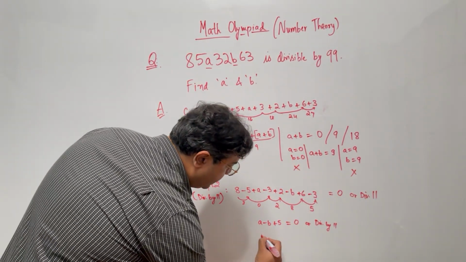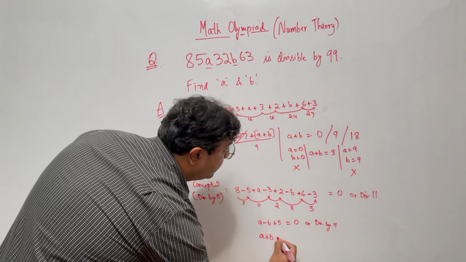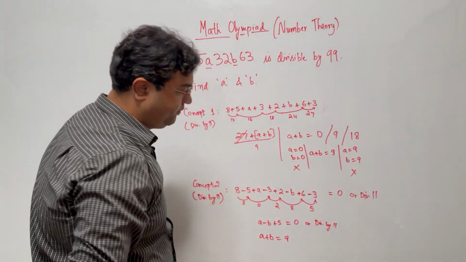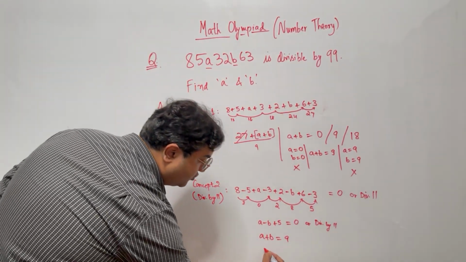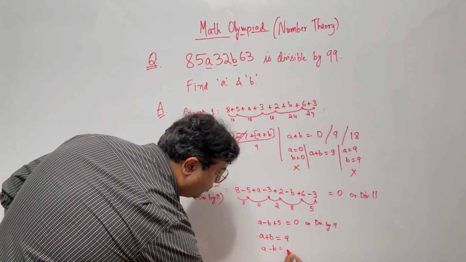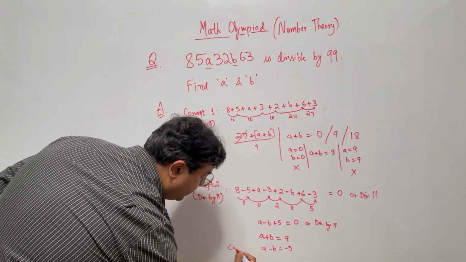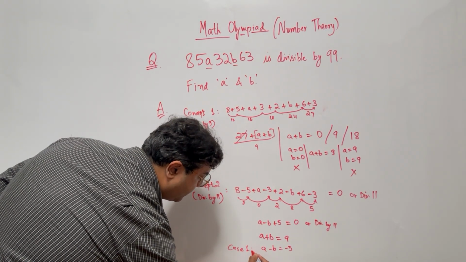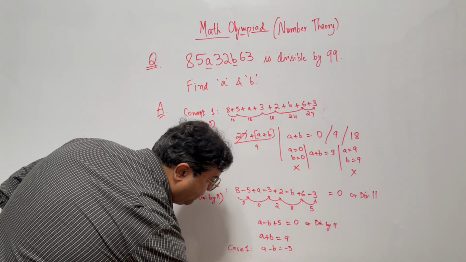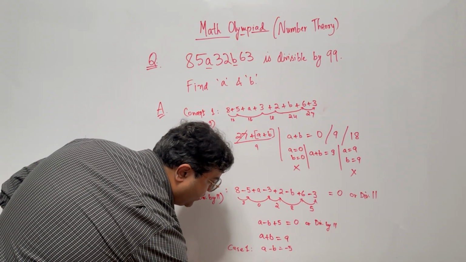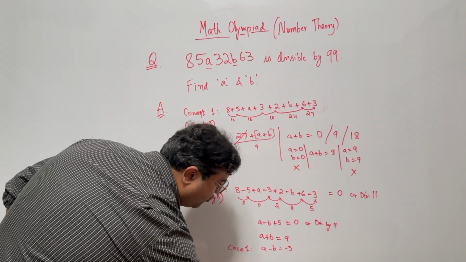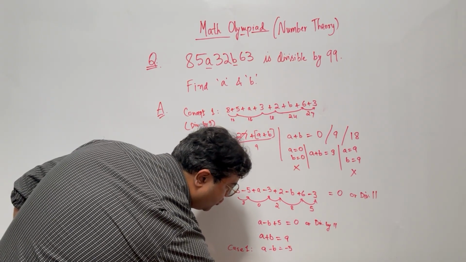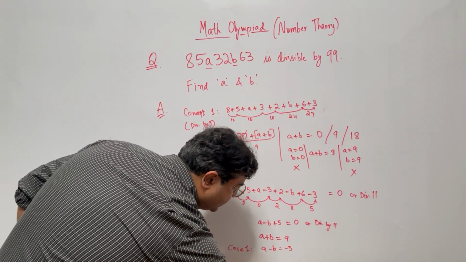And next is A plus B is equal to 9. Let's say if this is equal to 0, then A minus B is equal to minus 5, case 1. So 2A, if we add these two together, will be 9 minus 5, which is 4. So A is equal to 2 and then B is equal to 7.